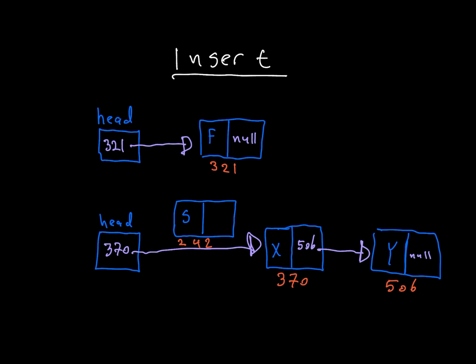So you would look at head, you see that it's at 370, so you grab 370, you set it, and then you would update head to point at our new node. It's going to point to address 242, and now you've inserted to the head of your list.